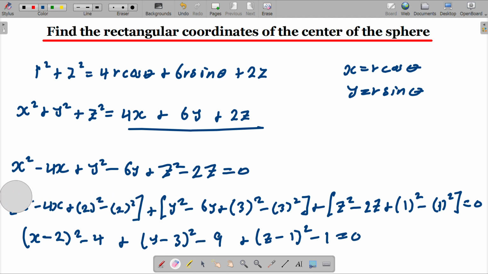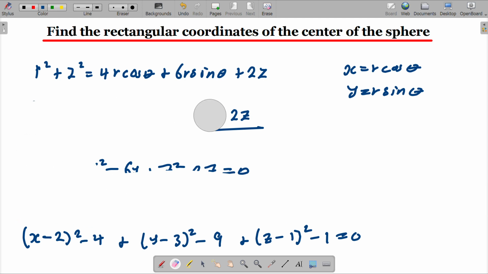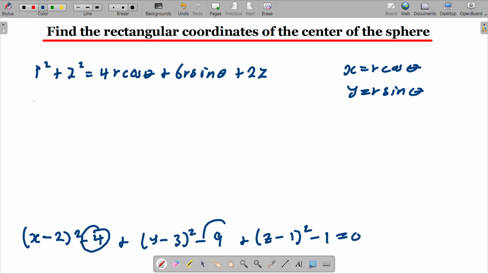So we are getting close to the rectangular equation that is going to help us find the center. Here you are going to say minus 4 minus 9 minus 1, that is just going to be minus 14 if I'm not mistaken.